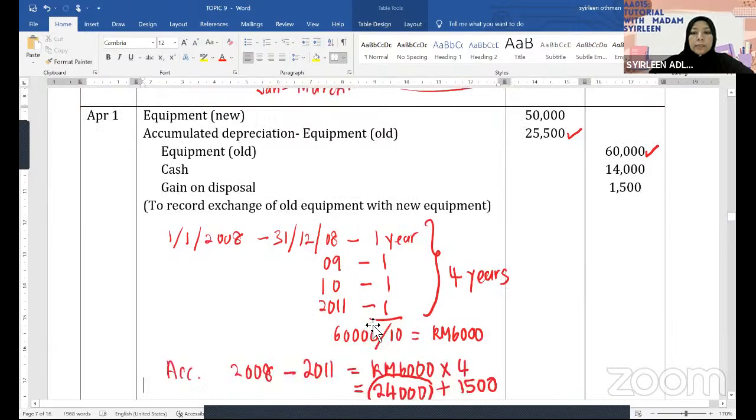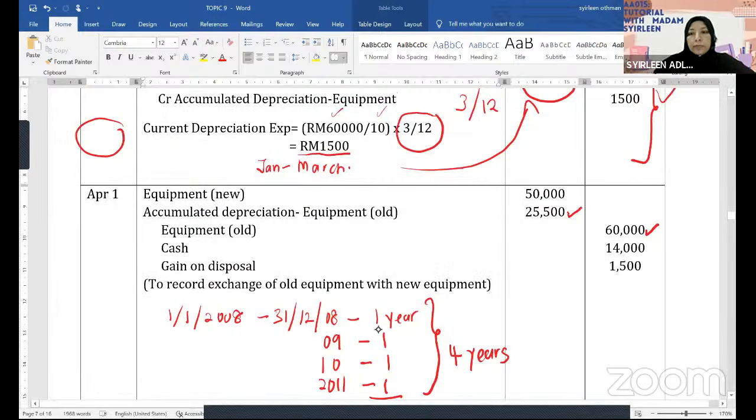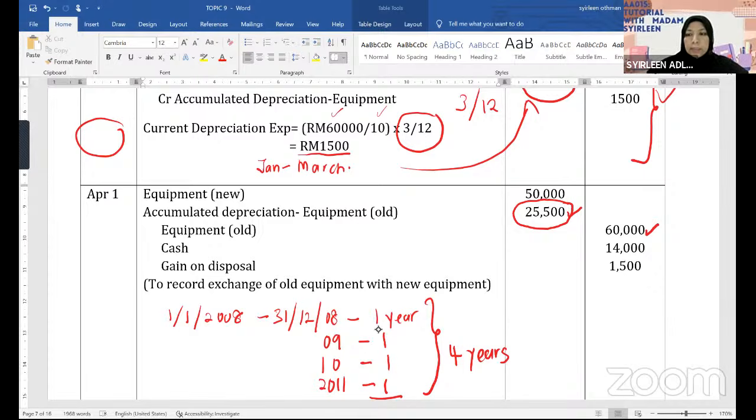Alright. Okay, so you already have 25,500 lah. So that's how kita dapat nilai 25,500 dekat sini. Okay, and just now bila saya kira berapa nilai yang saya perlu bayar, I calculated I need to pay the amount of 14,000 ringgit. Okay, and then saya akan beli equipment yang baru dengan nilai 50,000.